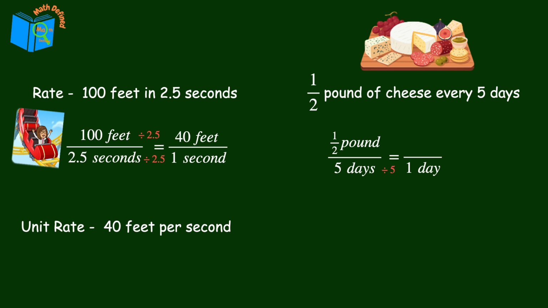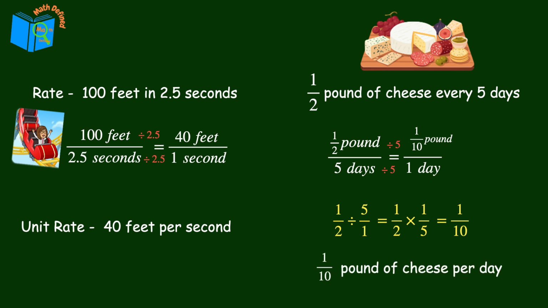Dividing 5 days by 5 equals 1 day, so we'll divide 1/2 by 5 as well. Dividing fractions means multiplying by the reciprocal. 1/2 times 1/5 equals 1/10. So the unit rate is 1/10 of a pound of cheese per day.